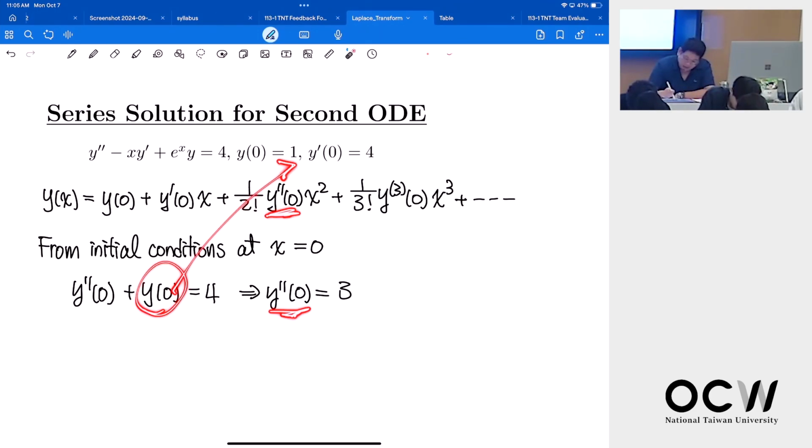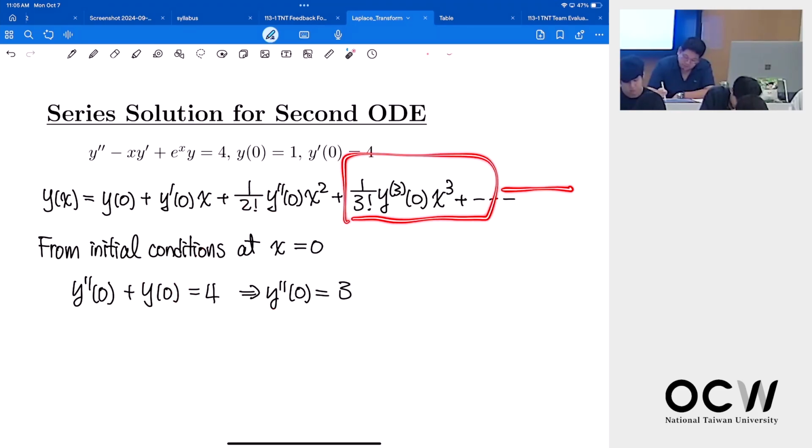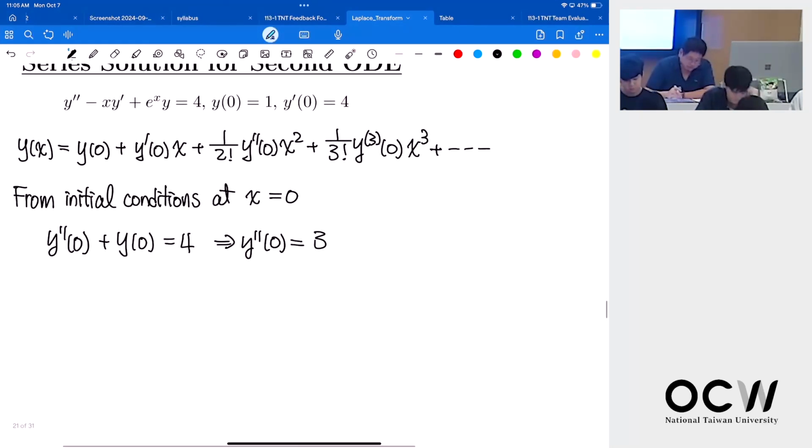Then to get the next terms, for those coefficients, what should we do? Taking the differentiation.